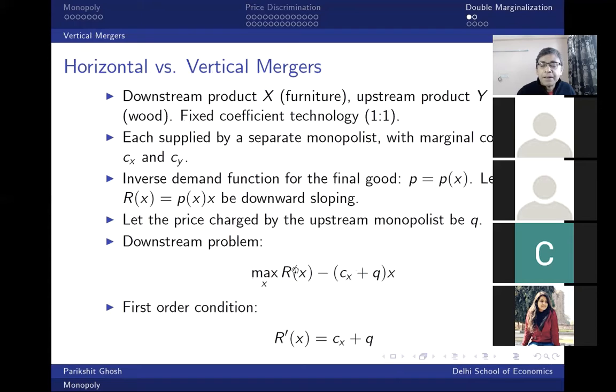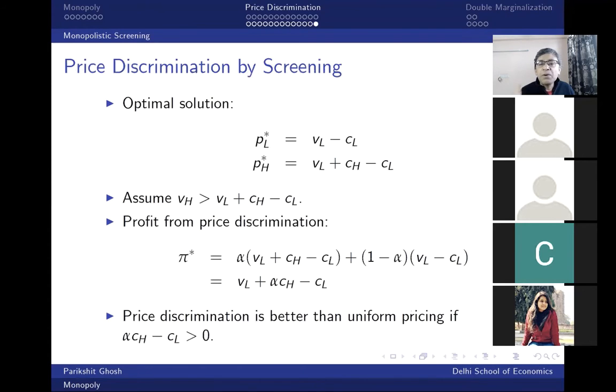Now, let me point out one thing which is important. The high value customers, what is their maximum willingness to pay? It's VH. In this screening outcome, how much are they being charged? They're not being charged their limiting willingness to pay.